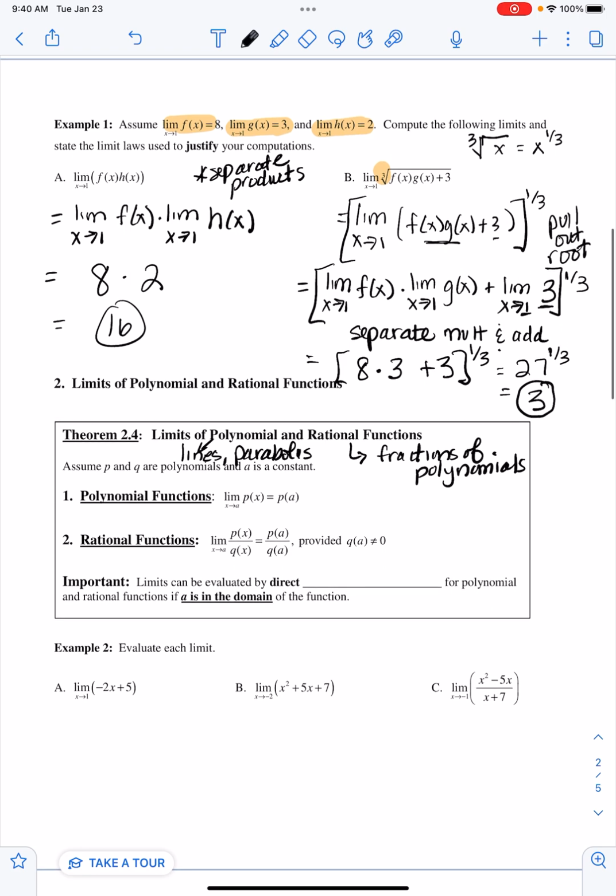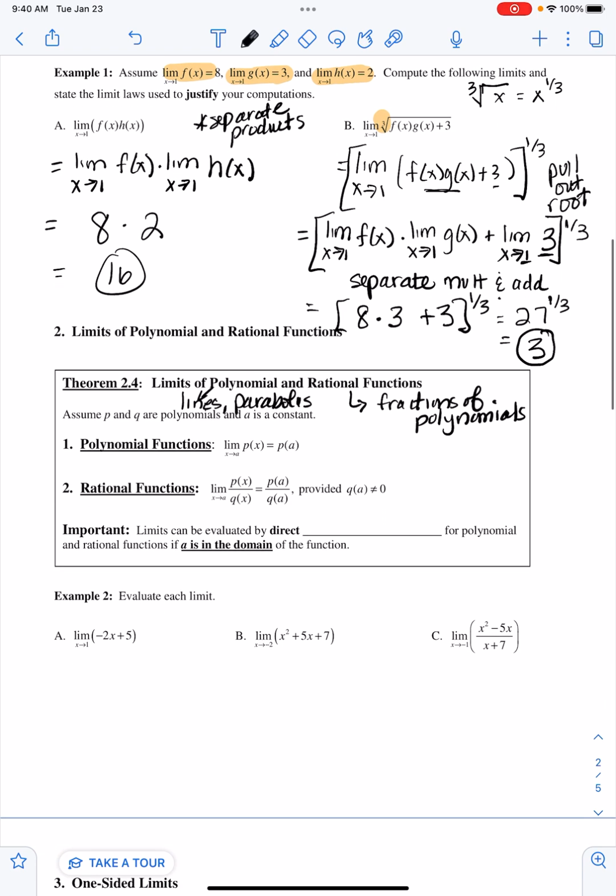All right, so here's how you're going to evaluate the limits for these kinds. If you're dealing with a polynomial function, there's not going to be any problem. Basically, I want you to take the a value and just plug it in for x, and you can find the answer, okay? Now, for rational functions, we have to be a little bit more careful. Our goal is hopefully that we can take the a value and plug it in for the x value, but we have to make sure that we're watching that denominator.